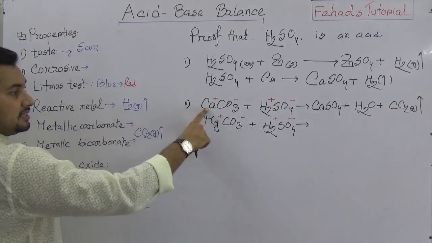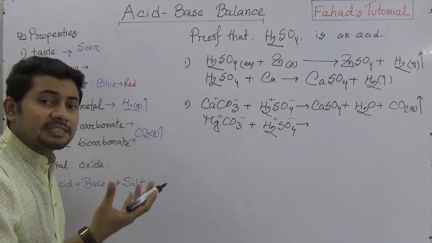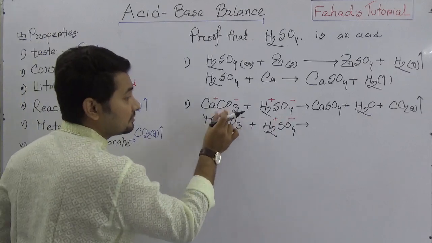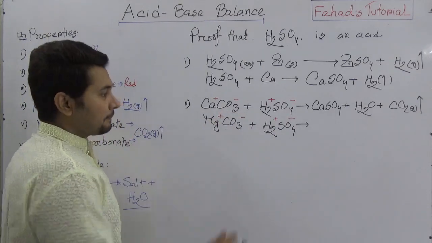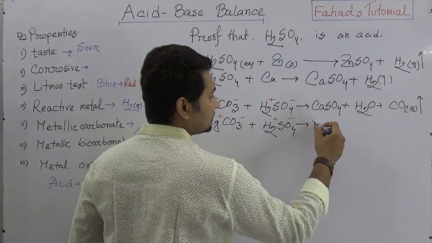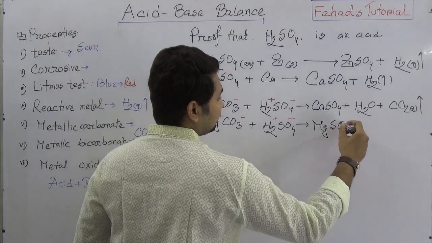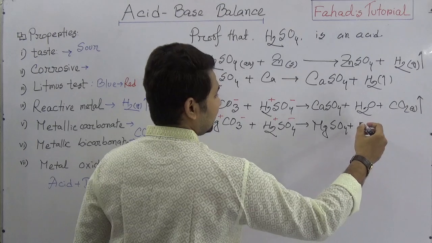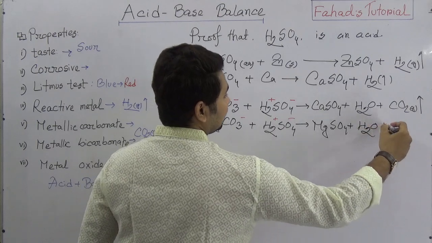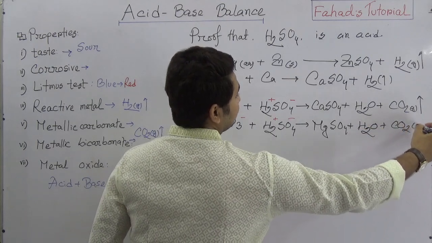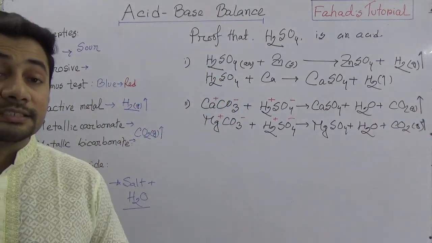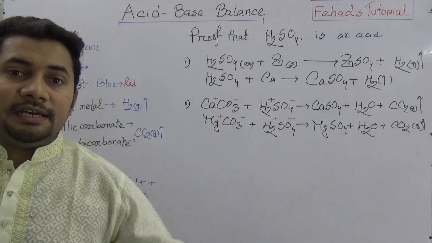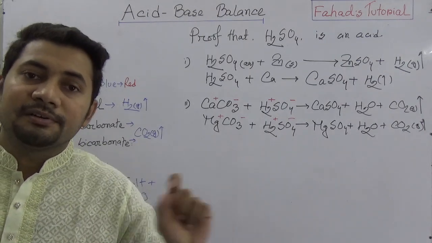Metallic carbonate, metal, calcium, magnesium, metallic carbonate, CO3 is a carbonate, you know from the understanding of radicals. Here, it would be magnesium sulfate plus water plus carbon dioxide. So simply, when acid reacts with metallic carbonate, then it will produce carbon dioxide gas.